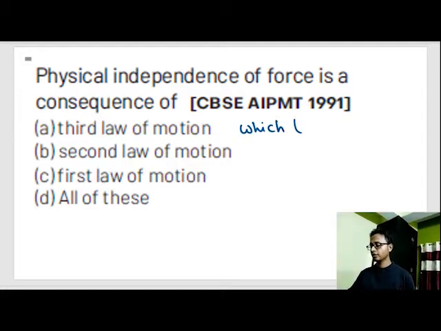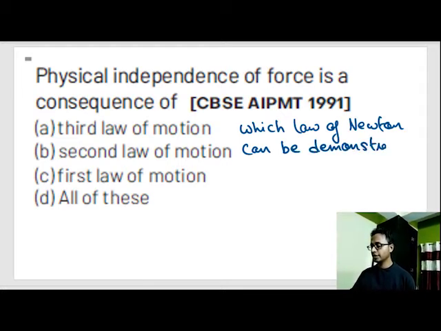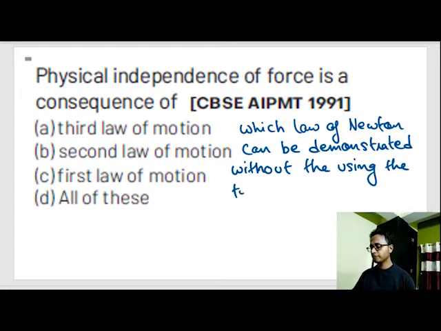Which law of Newton can be demonstrated without using the term force, and it is the first law of motion.